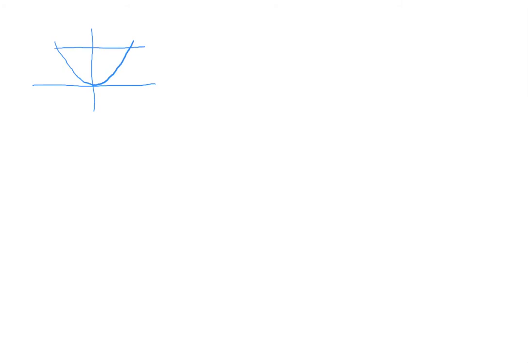Okay, I know this is y equal to k. This is y equal to x squared. So this is negative root k. This is root k. So this is the symmetrical line.